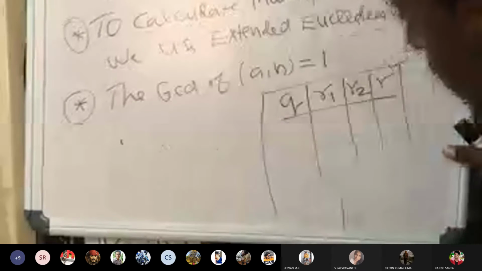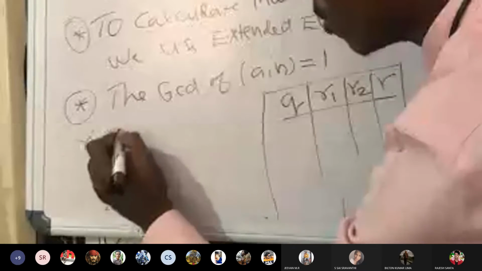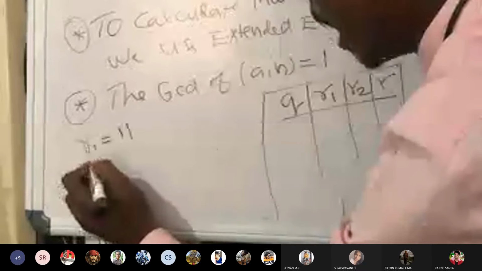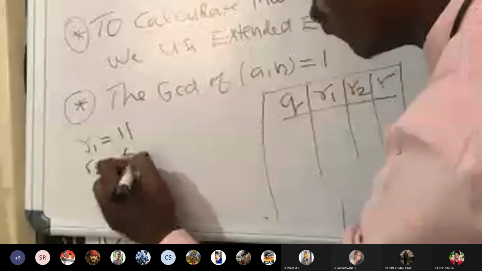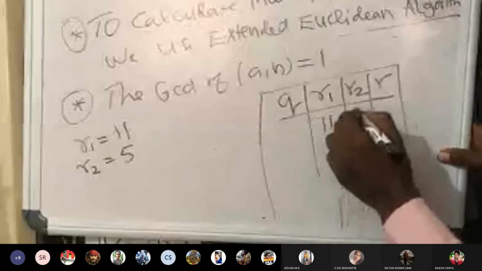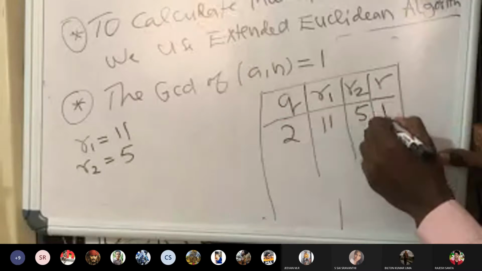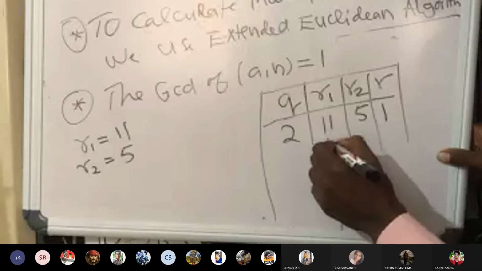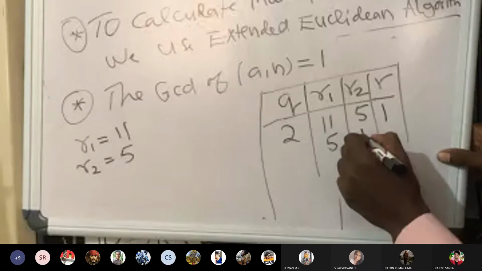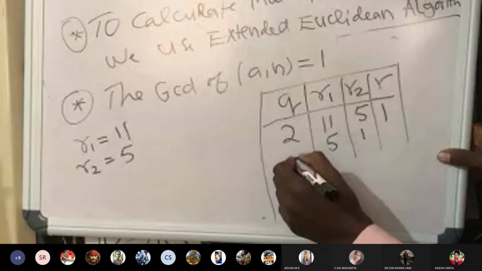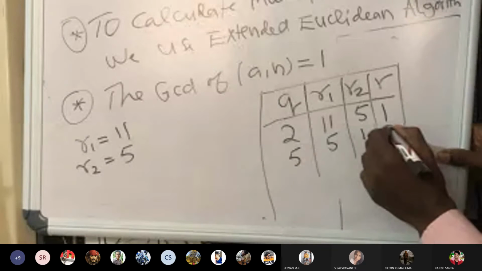Our given integers are R1, which is equal to 11, and R2, which is equal to 5. We substitute them here, 11 and 5. When we divide, we put here the quotient 2, and the remainder 1. This takes the place of 5 and 1. We put the quotient 5 and the remainder is 0.